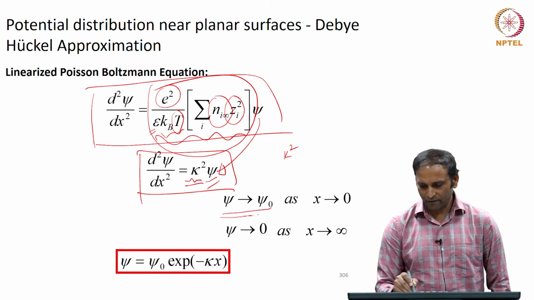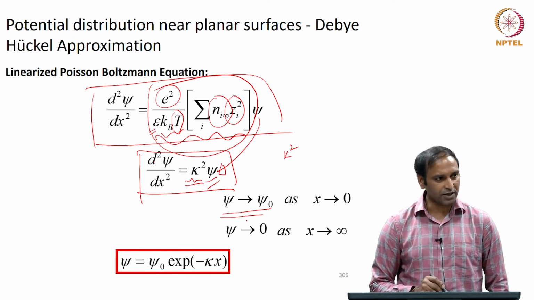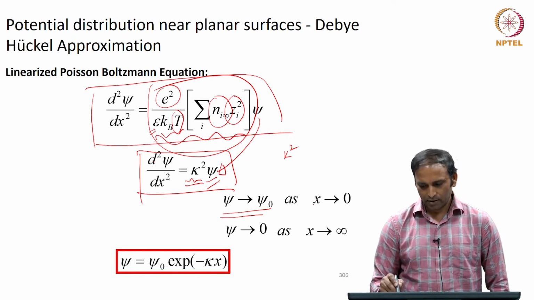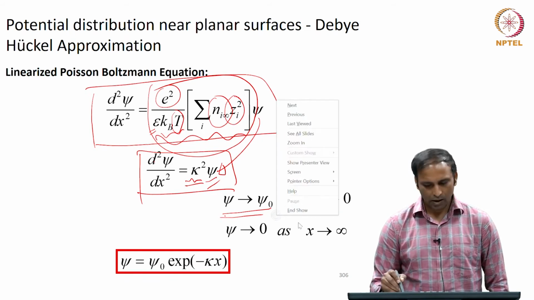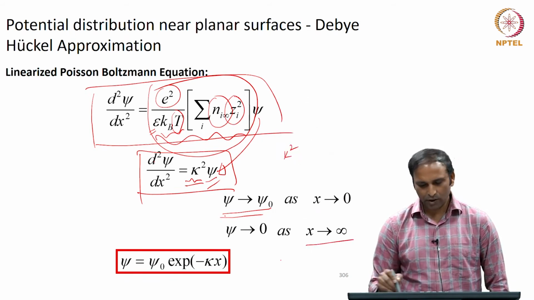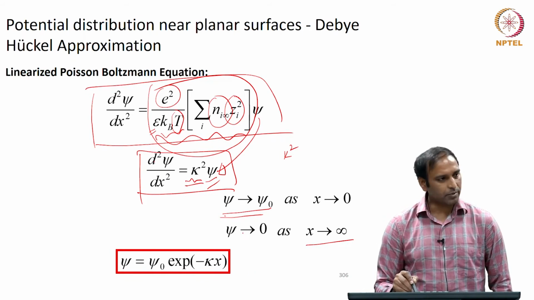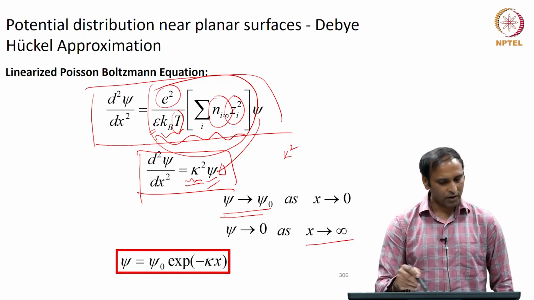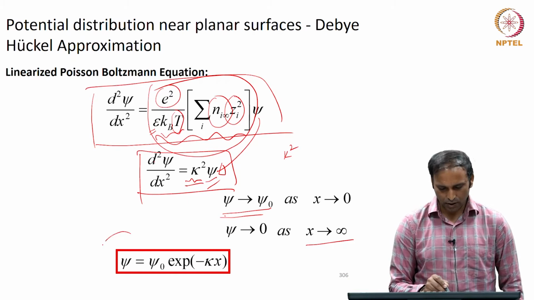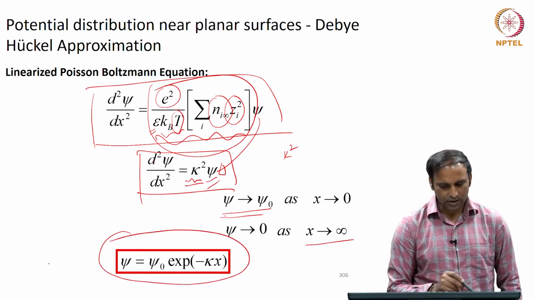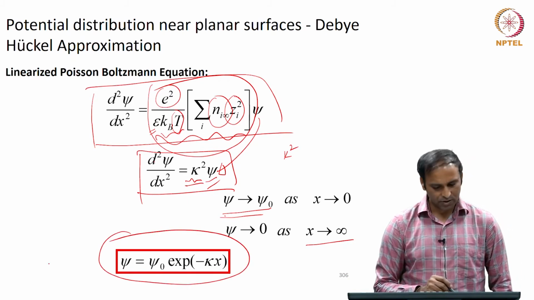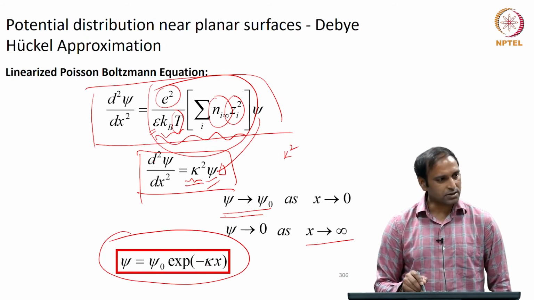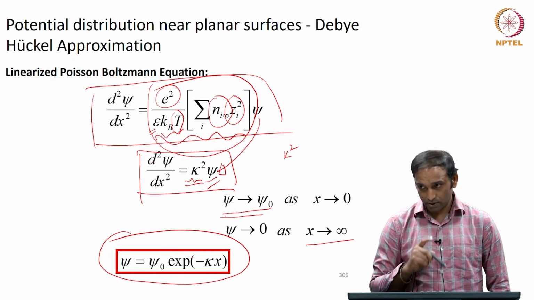If I use the boundary conditions that as x tends to 0, psi becomes psi naught, and as x tends to infinity, psi becomes 0, it turns out that psi goes as psi naught into exponent minus k times x.